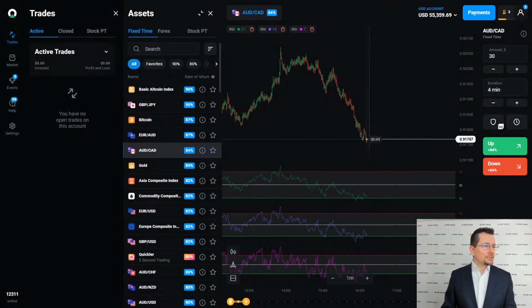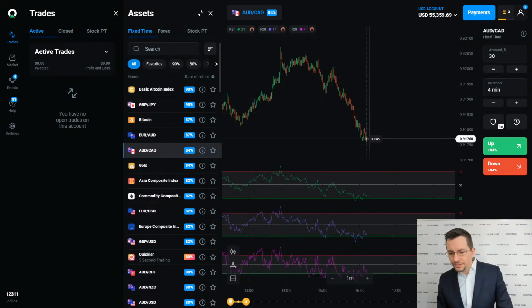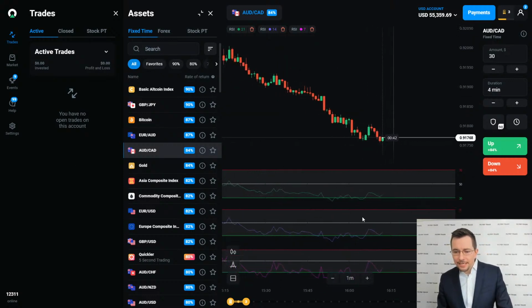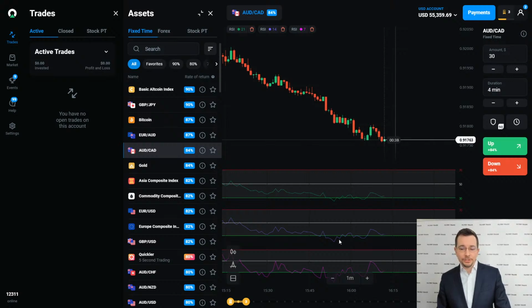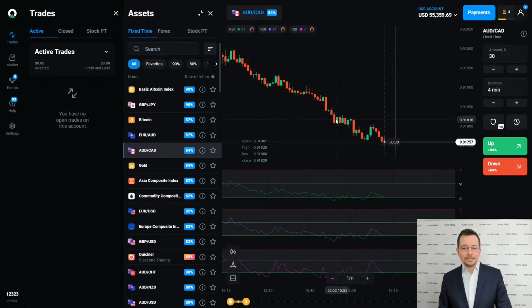I'm just looking to see what we have in terms of the Aussie CAD. And do you guys see how we have a reversal pattern coming out of this? This is actually really good. It's really good that the bottom was down here. But, oh, this is a great example of when this trade would have not made you money. Look at this. Technically, you were supposed to open up the trade somewhere around here, maybe even somewhere around there.